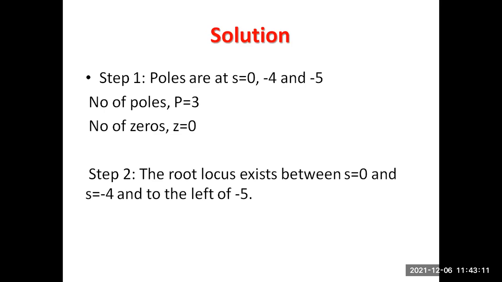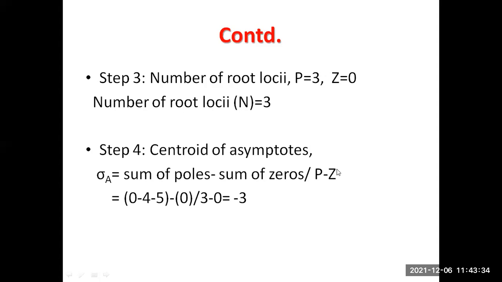What is the value? Sir, 1. Oh, it is 1. This is 0 minus 4, minus 3, sir.